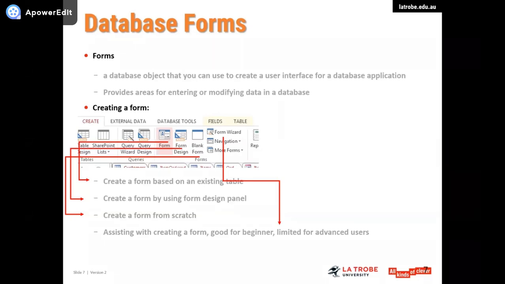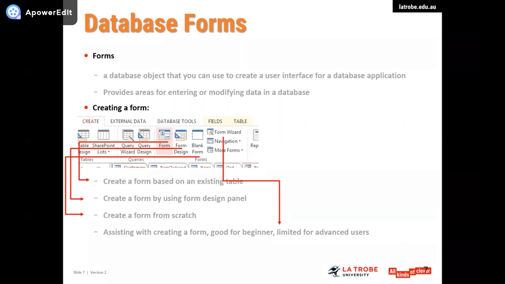Think of a bound form as a window through which people see and reach your database. An effective form speeds the use of your database because people don't have to search for what they need. A visually attractive form makes working with the database more pleasant, more efficient, and it can also help prevent incorrect data from being entered. That's why we should learn to create and use the form.